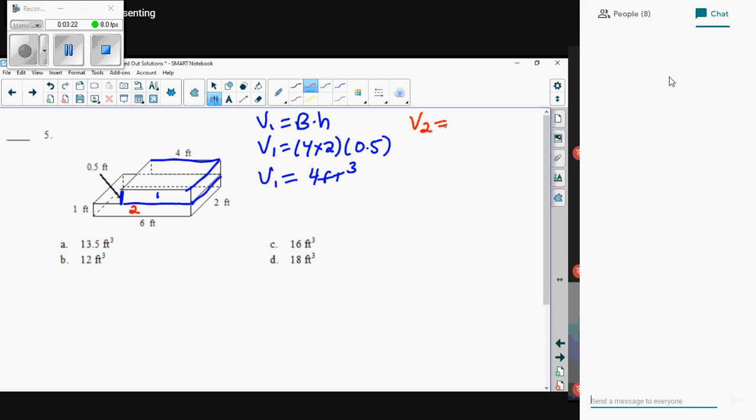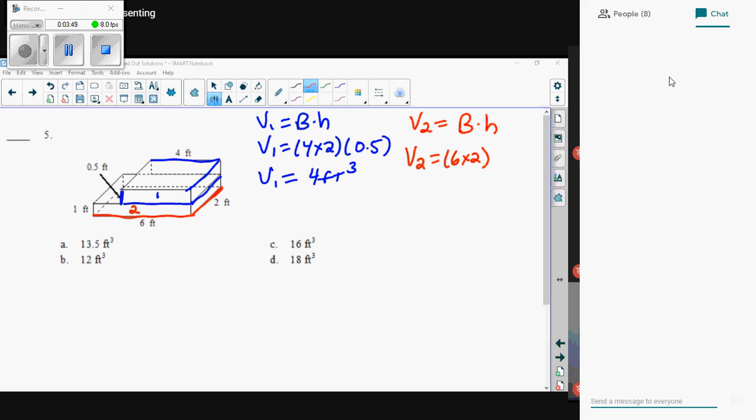Volume 2 is, once again, a rectangular prism, so we're going to use the base area times the height. For volume 2, the length is this red segment here, and the width is that red segment there. So it's going to be 6 by 2 to find the base area, the length and width.